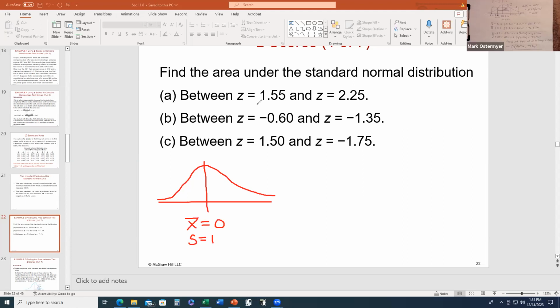Okay. Where would 1.55 be? That's saying our data point would have to be 1.55 standard deviations above our mean. So would it be to the right of x-bar or to the left? What do you think?